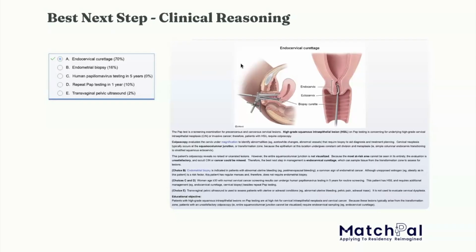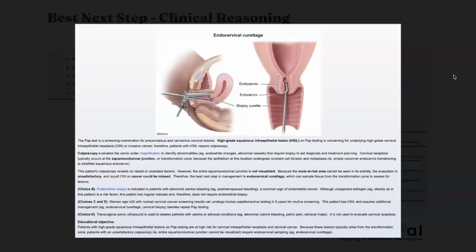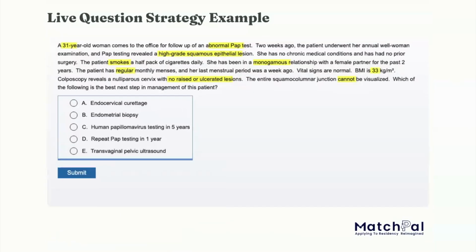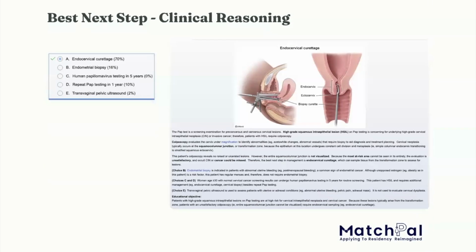But going that extra step and really understanding in which scenario, how would this patient's presentation have to change in order to get to answer choices C, D, and E, that's what makes you a phenomenal test taker. Ian, do you want to add anything to this specifically?